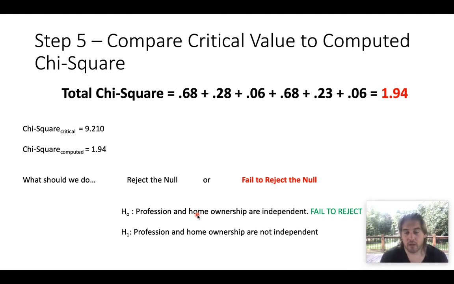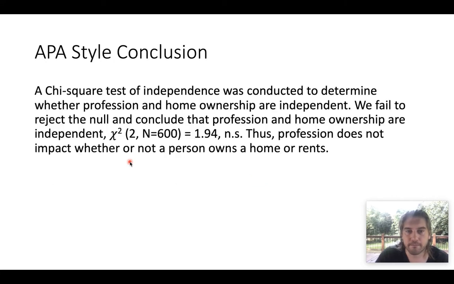So we set up the null, which was nothing is going on. We held on to the null, and we were not convinced, right? This is not a convincing result. It's less than our hurdle. It's less than our line in the sand. And so we fail to reject the null. We continue to hold on to that null hypothesis.